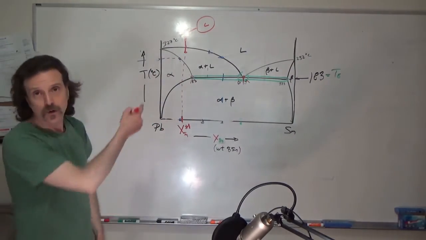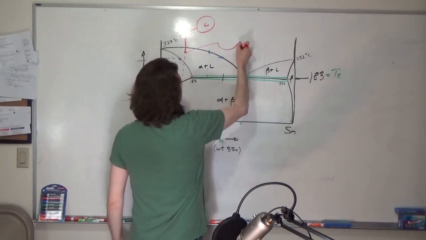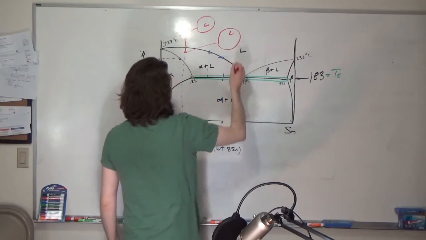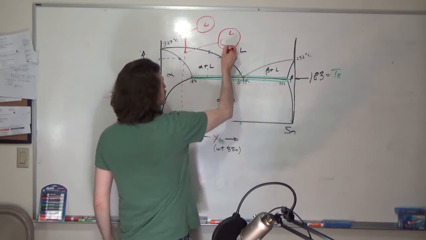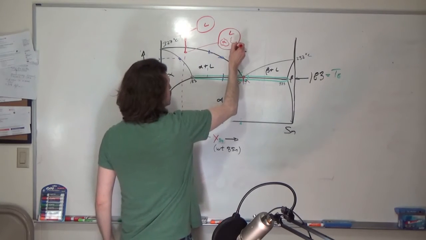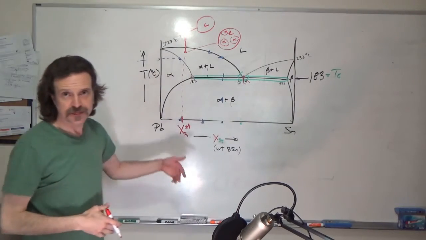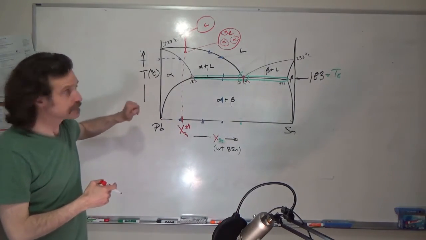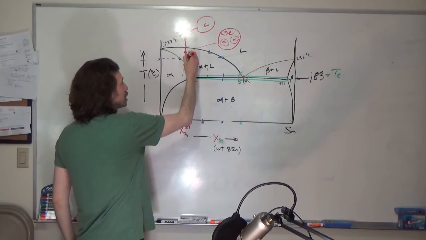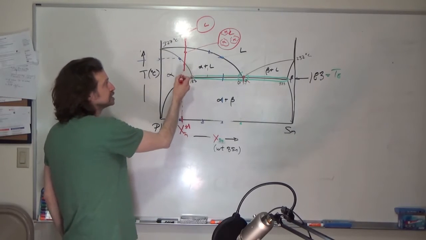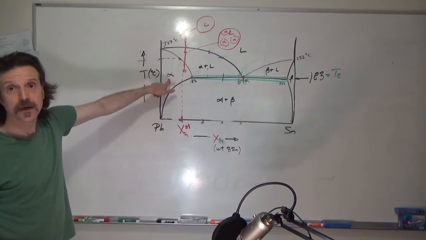We've seen that before. What the morphology looks like is you have liquid, and then based on the phase fraction, you're going to have some alpha precipitates that form in the liquid. You keep cooling down, you cross the solidus, and now you're in the single phase region of alpha.